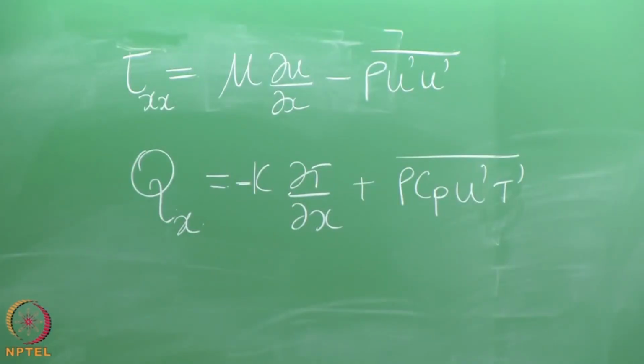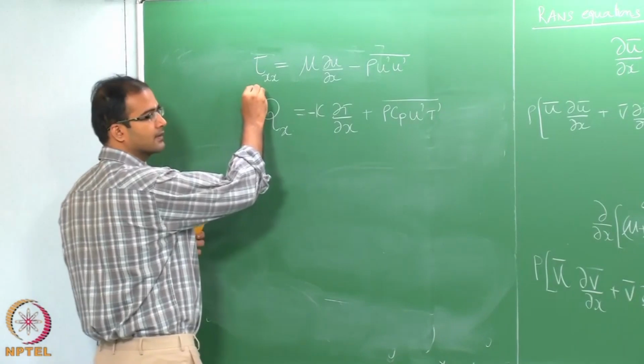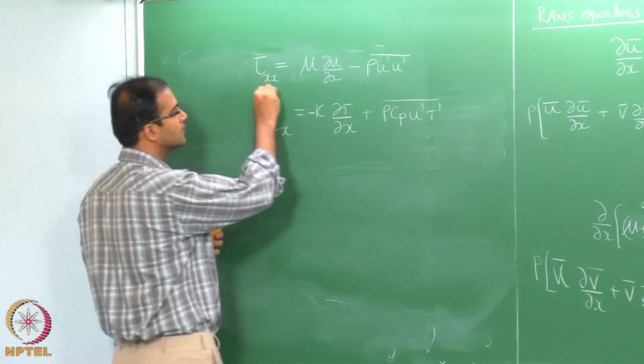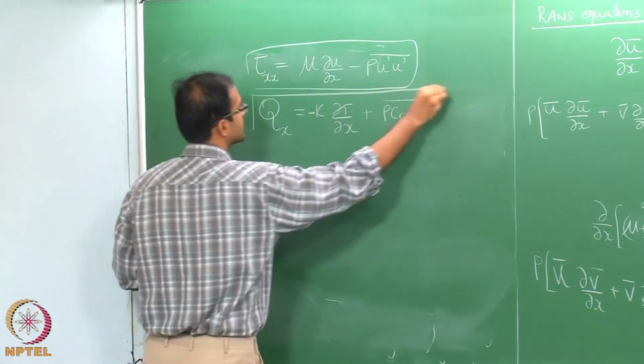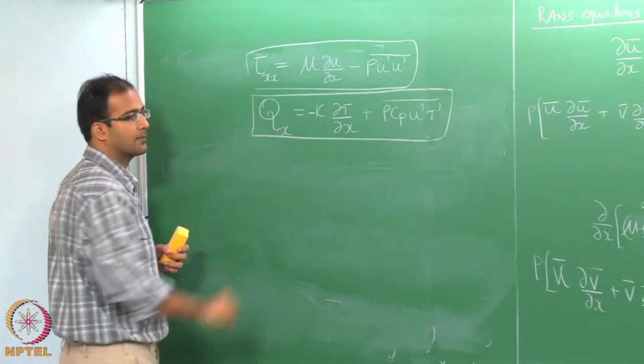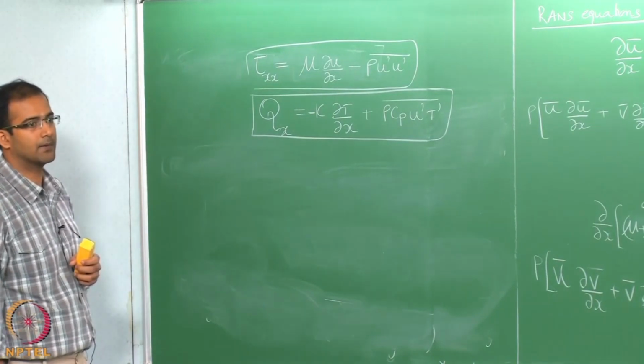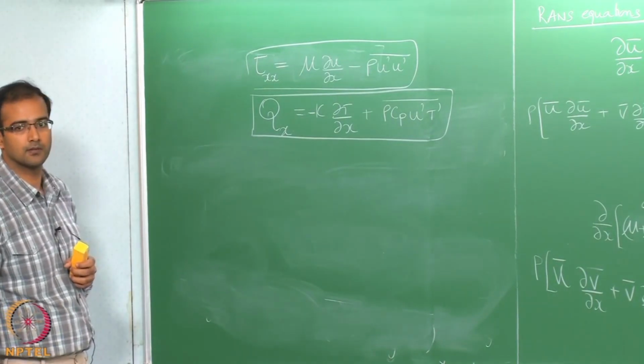Understand? So, when we say stress in the RANS equations, we include a combined action of the laminar and turbulent stresses and the combined action of the laminar and turbulent thermal diffusion together.